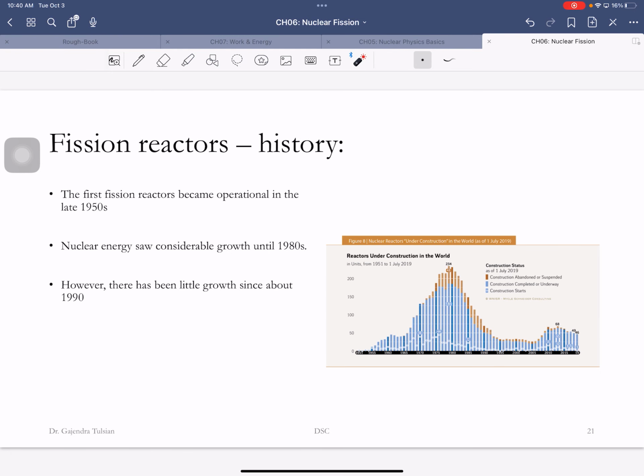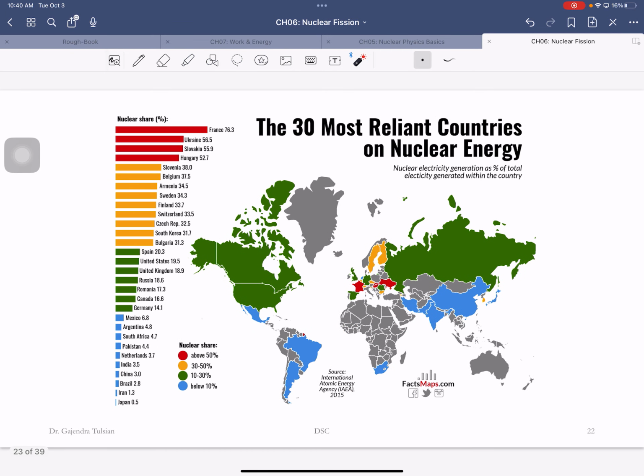So we built a lot of reactors in the 80s, and then it died down, and we're coming back up. There's been little growth. Okay, France gets 75% of its electricity from nuclear energy.